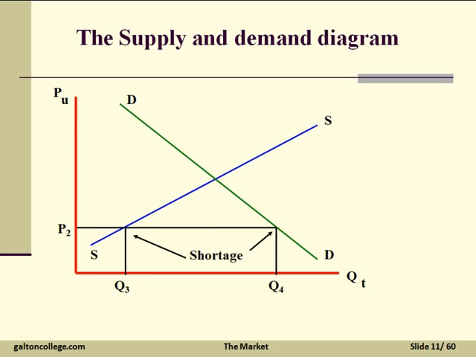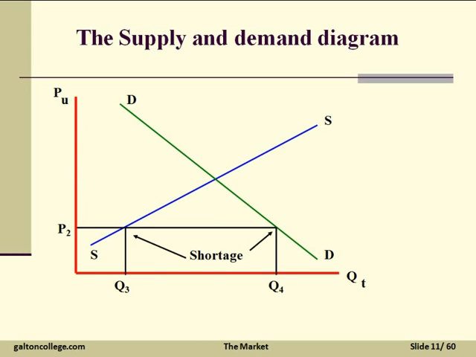In this case, the demand is greater than the supply. At P2, the consumers want a lot of this good and the suppliers are only supplying a small amount. It's not very profitable, so the suppliers are only supplying, let's say, Q3, whereas the demand is Q4.